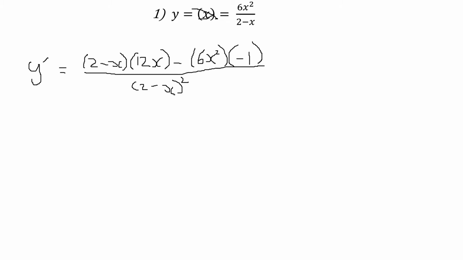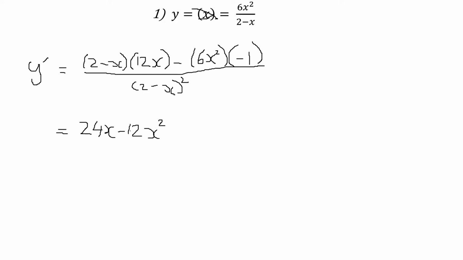And from here, we just do some algebra to clean it up. Let's see how far we could go. I could distribute this 12x into this 2 minus x. If I do that, I will end up with 24x minus 12x squared.